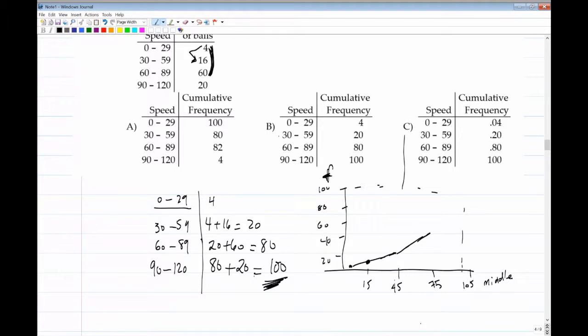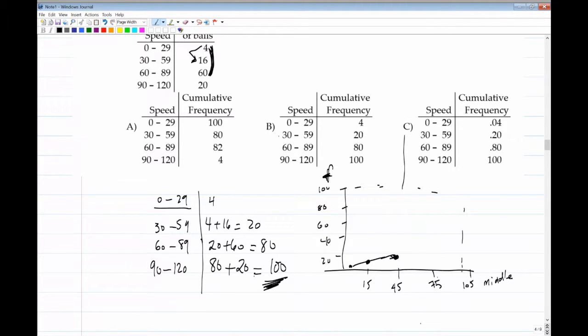For the next class, if I want to find the middle point between 30 plus 59, divide that by 2, that's almost 44. So 45 is good enough. At 45 we have 16, so it should be a little bit less than this. If we want to be more accurate, we should have 16 somewhere over here.